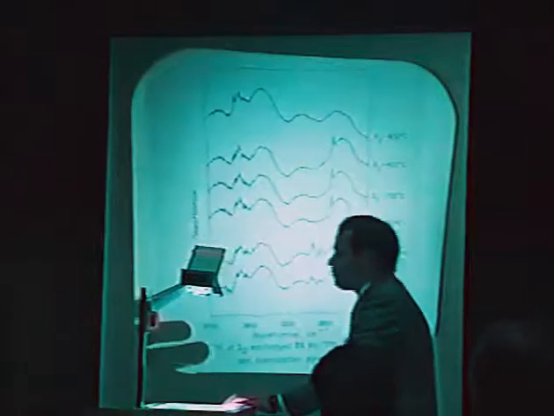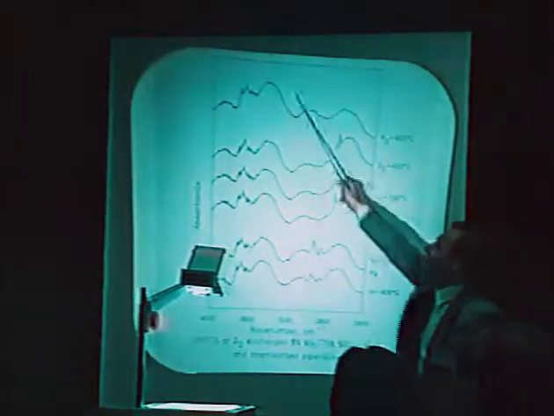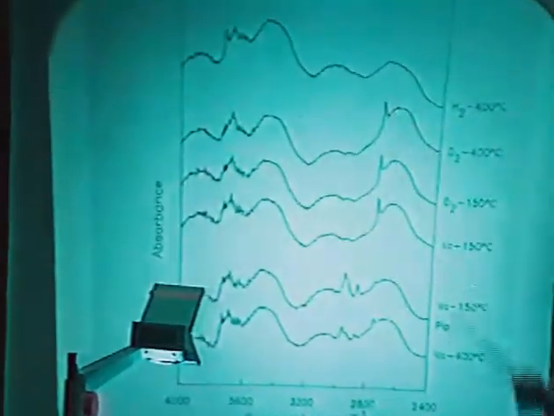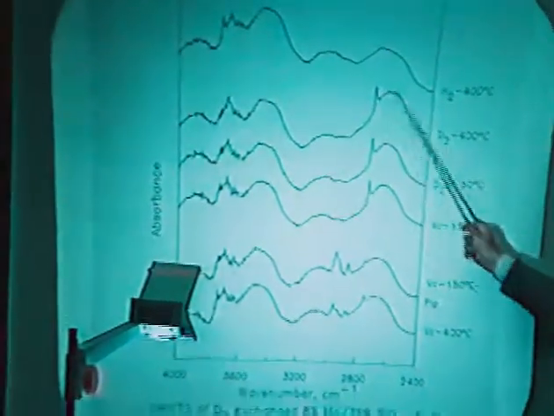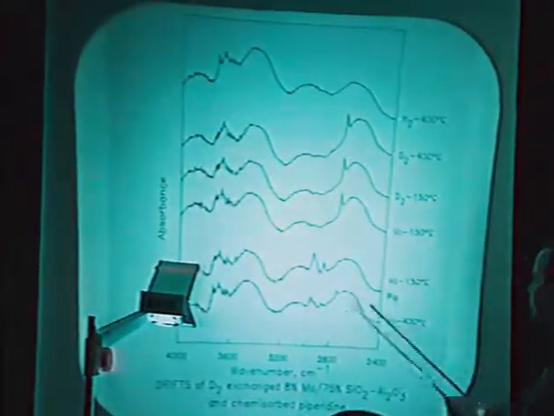Similarly, going to molybdenum on silica alumina, we find the peak coming from silica, the broadened band coming from alumina, the exchanged OD coming from silica, and the OD coming from alumina. We send the pulse of piperidine.